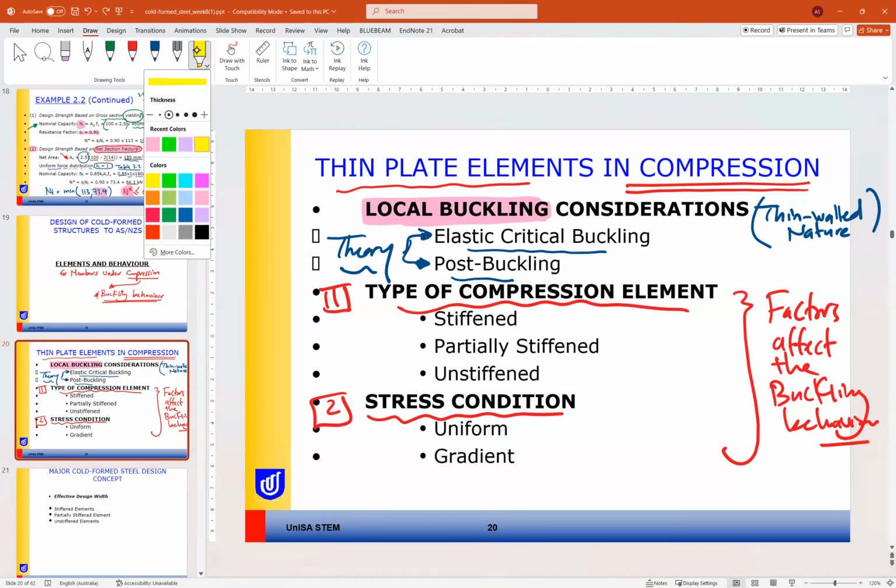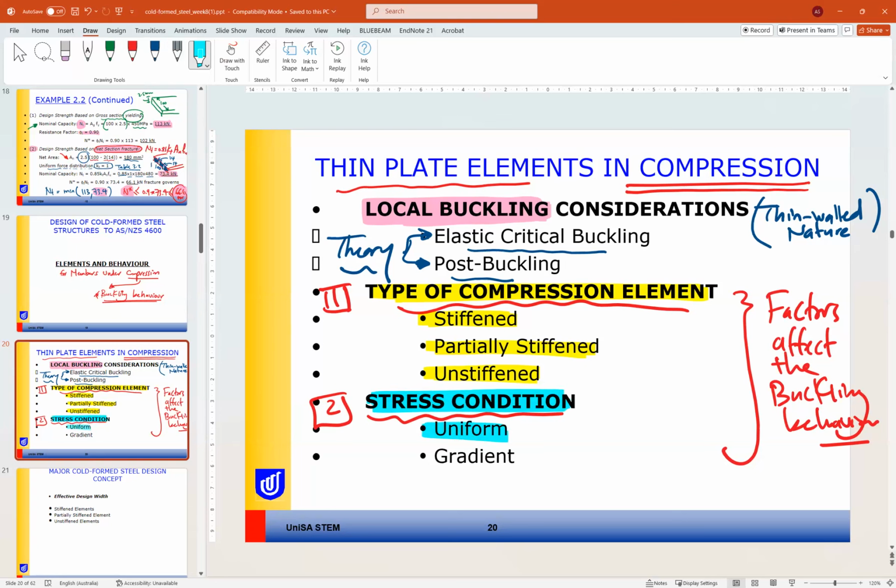So when we investigate the buckling behavior, we have to consider the type of compression element, either stiffened, partially stiffened or unstiffened. We will see now the difference. And we should also consider the type of stress applied to the plate. Is it either uniform or gradient?